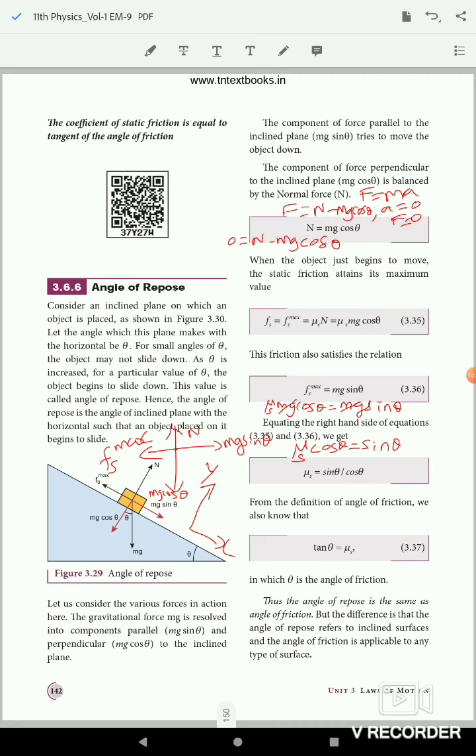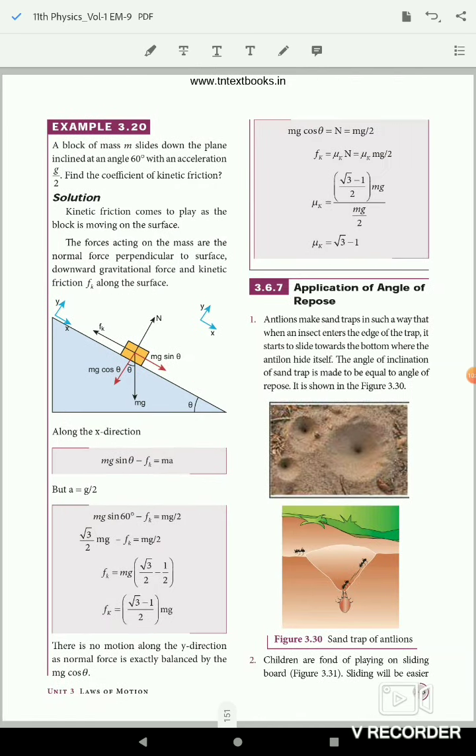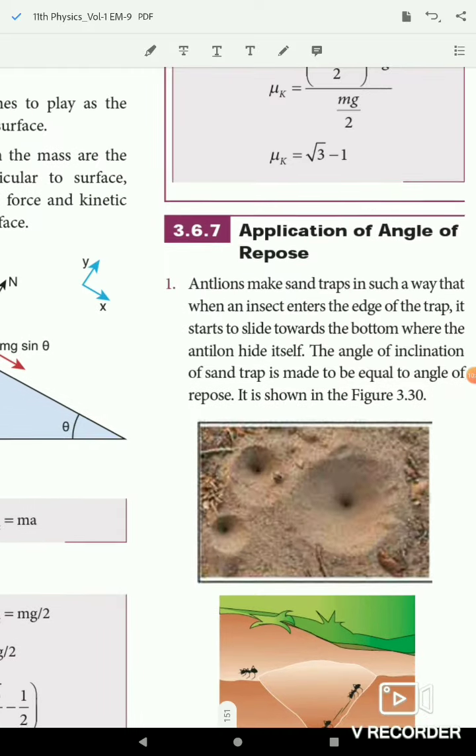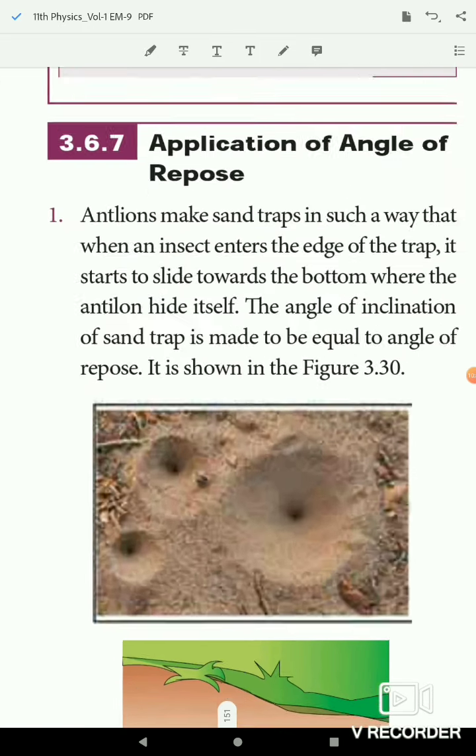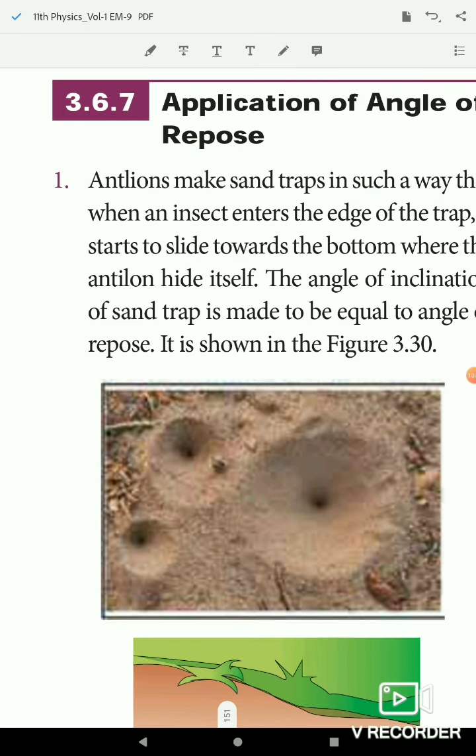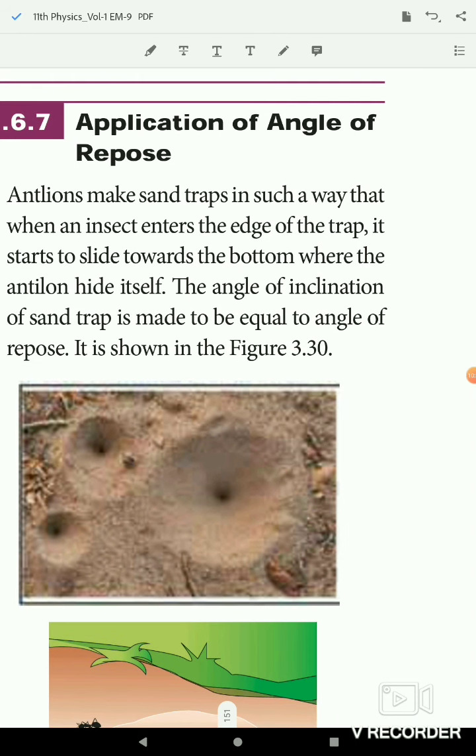This is a 3-mark question. Then next, application of angle of repose: antlions make sand traps. In the winter season, the sand has this type of holes.